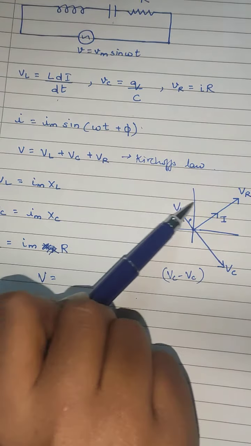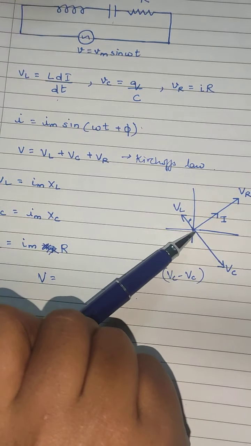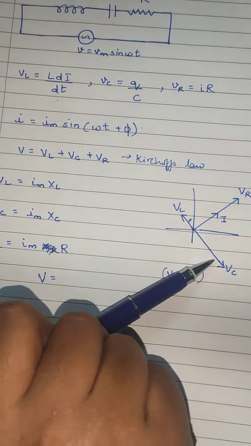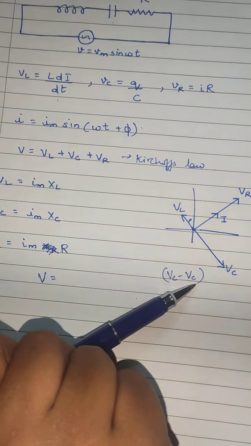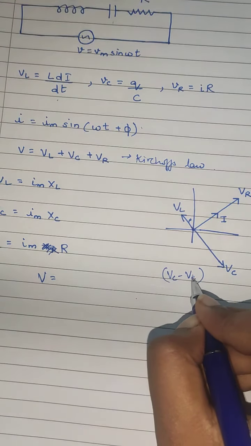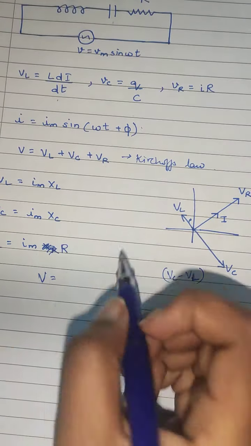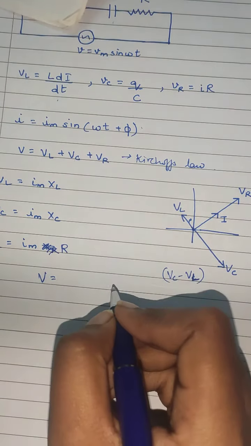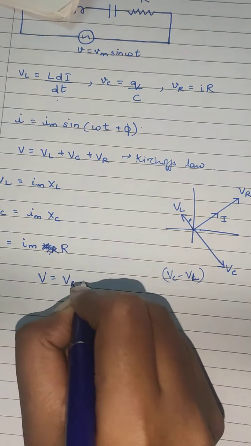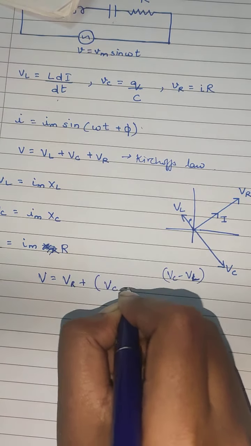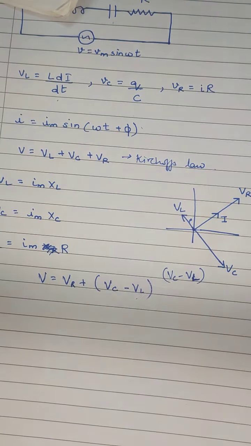Now, in order to simplify, we have taken the direction of VL along VC, so we will get VC minus VL. So this V will be equal to VR plus VC minus VL. Okay, so this is what we will get.